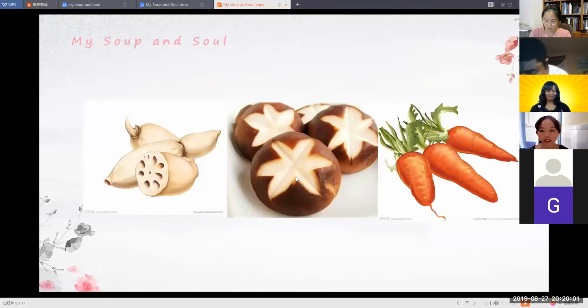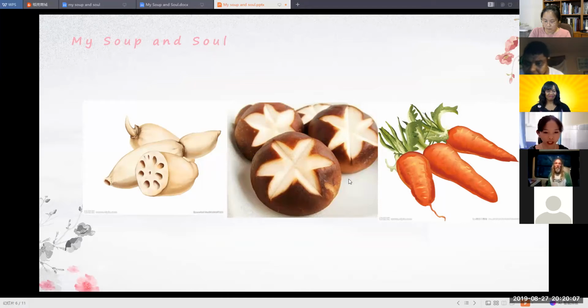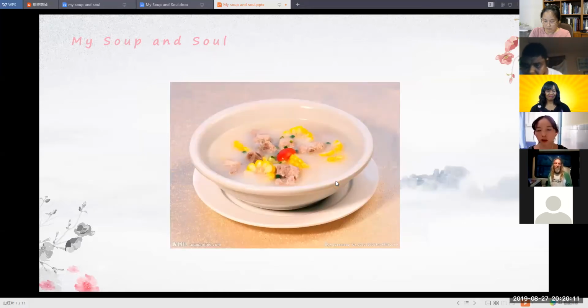If your guest doesn't like the taste of herb, you can always use lotus root, mushroom, or carrot. If you forgot to buy the chicken, don't forget the chop that's in your fridge. See the magic you can play with your chicken soup? You can also play the magic on many other dishes.